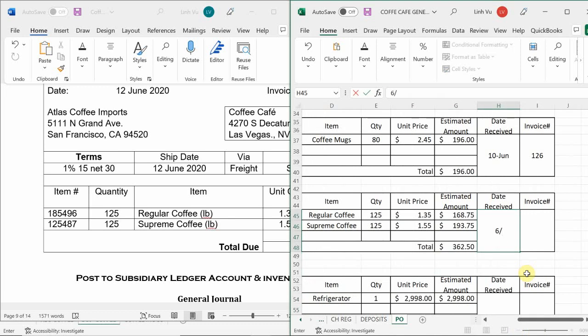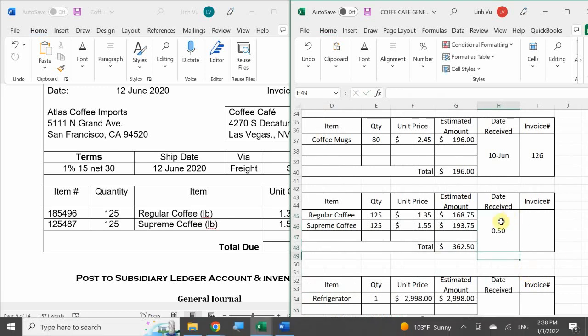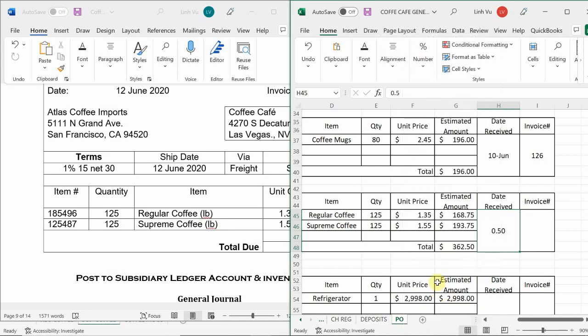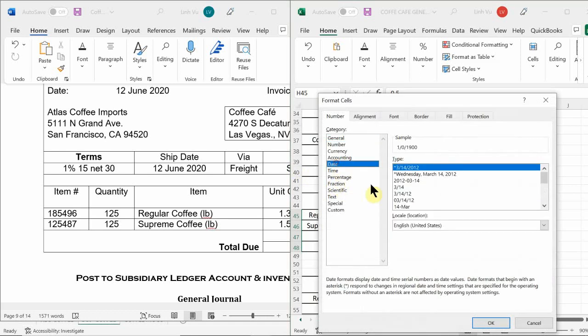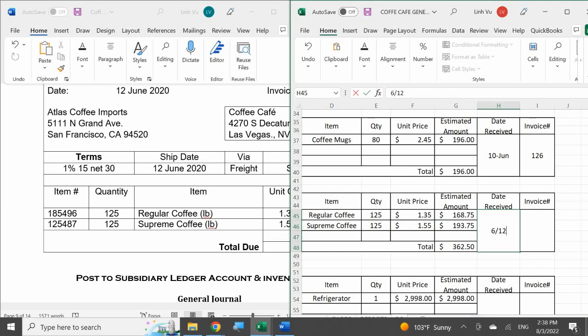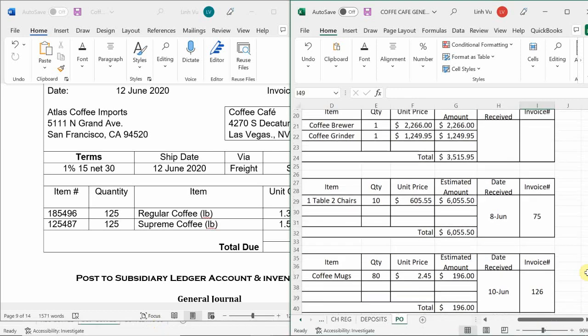We received it on June 12th. What was the invoice number? 315. That's what we received it as.